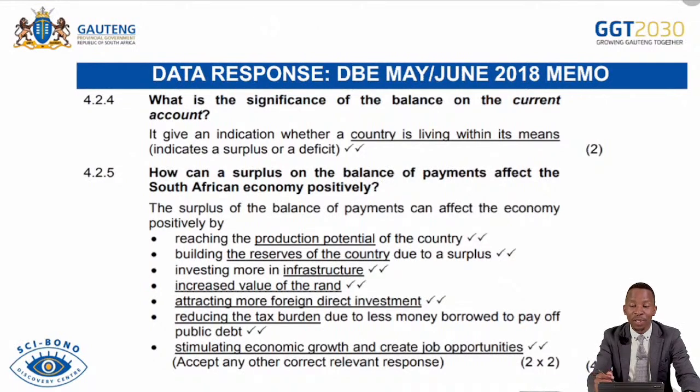This response is not found in there. Even if you try to copy, you will be wrong. It gives an indication whether the country is living within its means, and indicates a surplus or a deficit. Such was not indicated in there. So you need to try and use your own understanding of the content to achieve these 2 marks.